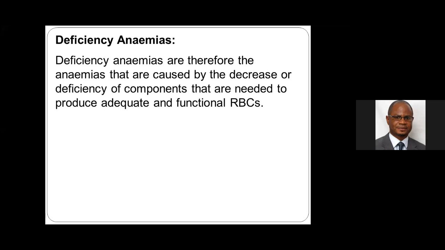So when there is a decrease in the components that you need to produce adequate and functional red blood cells, for example, if you need folate and there's a decrease in folate, then we are looking at folate deficiency anemia. Vitamin B12, B12 deficiency anemia. Erythropoietin deficiency anemia.